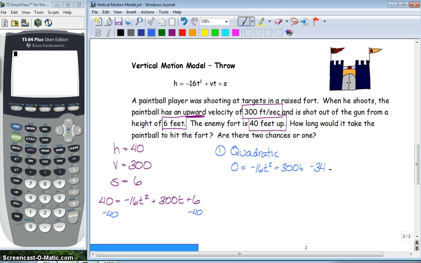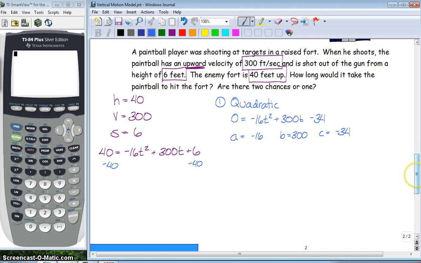From here I can identify a, b, and c. A is negative 16, b is 300, and c is negative 34. From there, we will plug it into the quadratic equation.